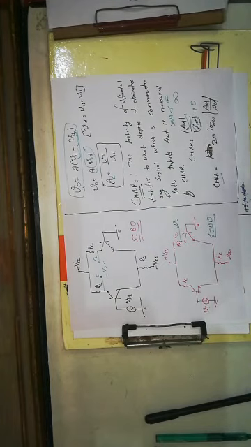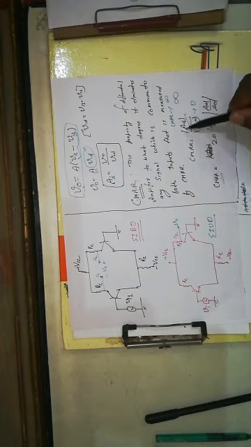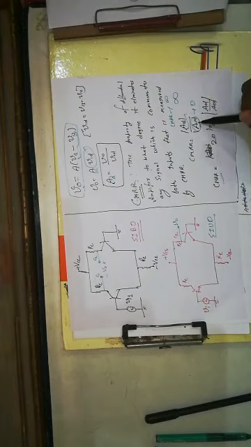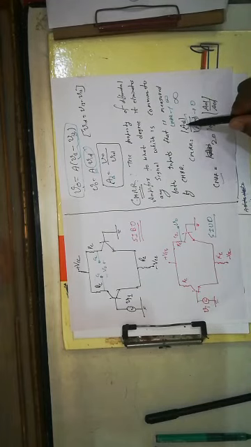It means how small the mismatch is between the two transistors. It is defined as the modulus of differential mode gain upon the modulus of common mode gain. Now we know how to measure differential mode gain and common mode gain.